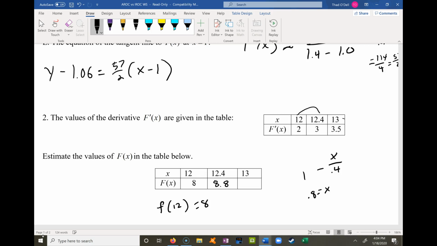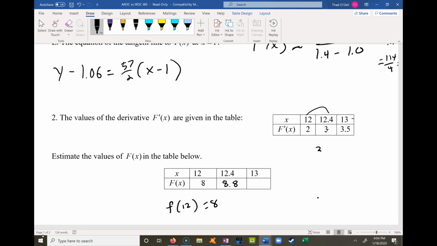And then I could also use this new thing. This says when I get to 12.4, the slope is 3 now. So that means when I go over 1, I'm going to go up 3. Okay, so I'm going to use that to predict this value over here. And so I noticed that from 12.4 to 13, I'm going to go over 0.6.